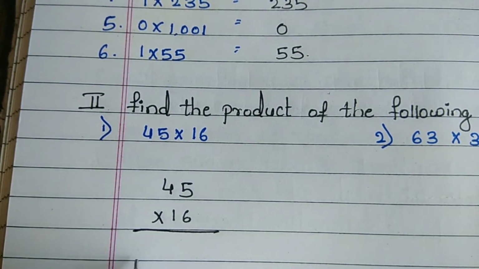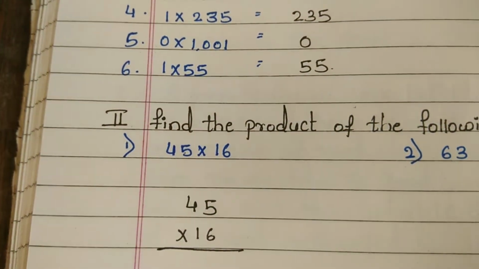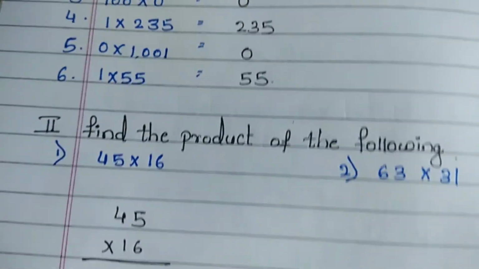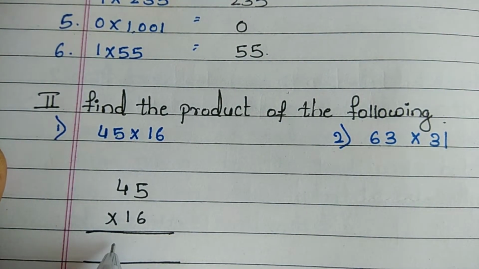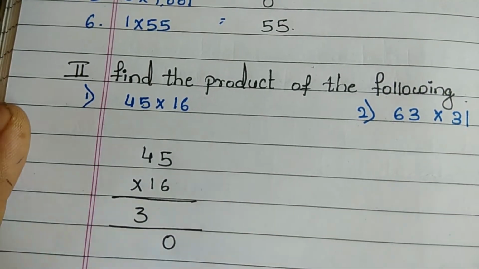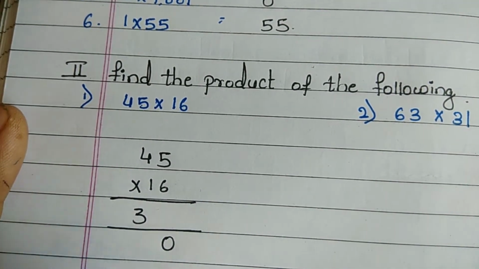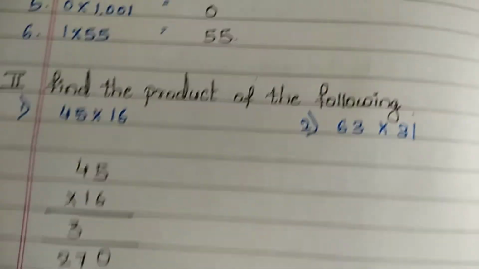All of you know the table. 6 5s are how much? 30. 6 4s are how much? 24, plus the 3 carried gives 27, so 270. Always we should put the last digit.